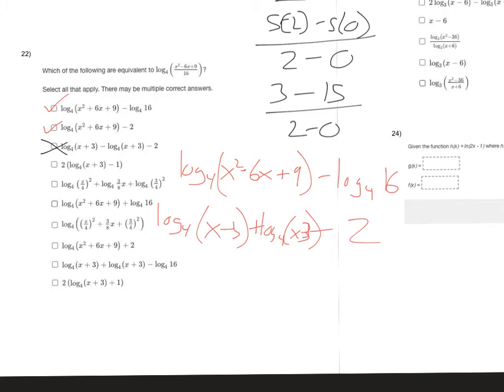This one is interesting. This would actually work because, like I said, we could have 2 of these, and then we've just factored out a 2 to get that expression.